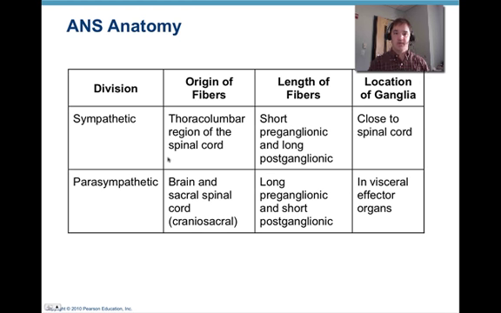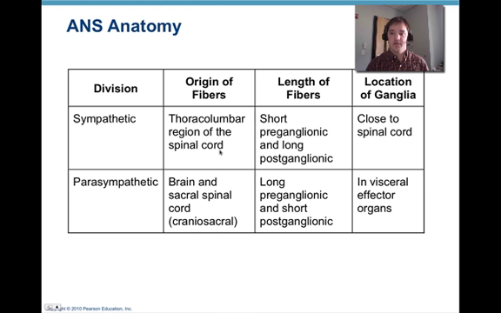In the sympathetic part of the autonomic nervous system, the fibers originate from the thoracolumbar region of the spinal cord, and this supplies the visceral organs in the internal body cavities, but also all visceral structures in the somatic part of the body.